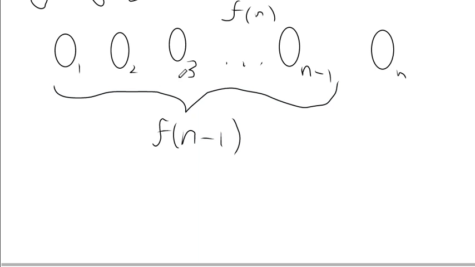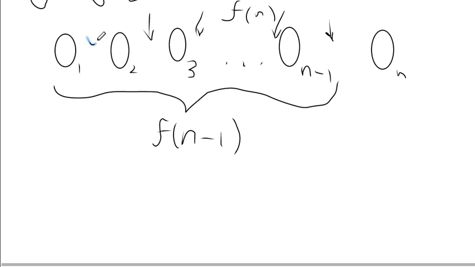Now, using a similar argument that we used for the case of 4 objects, we can ask: if there's f of n minus 1 ways to arrange n minus 1 objects, how many ways are there to arrange n objects? Well, we could put the additional nth object right here, and that'll be f of n minus 1, plus f of n minus 1 right here, and all the way down.